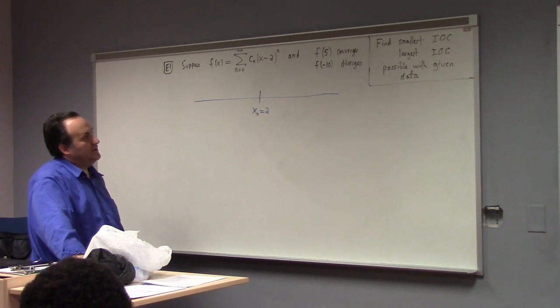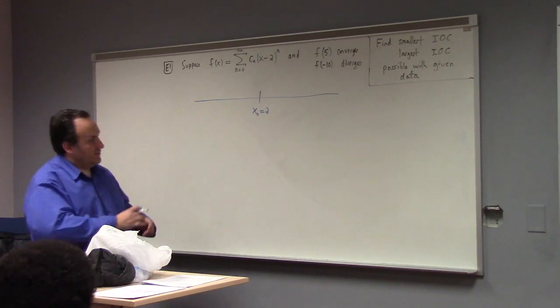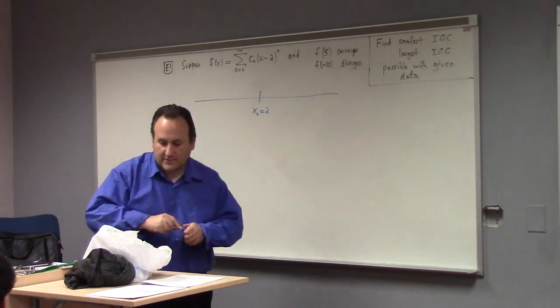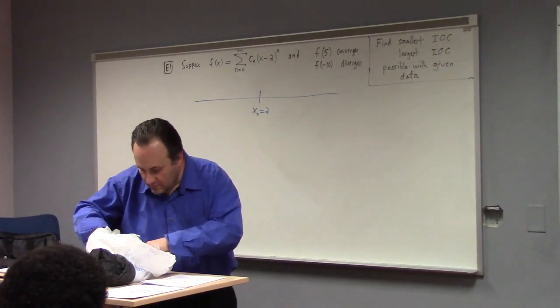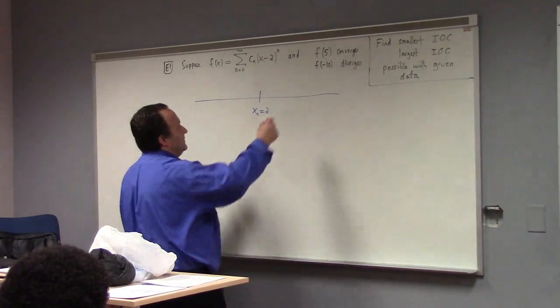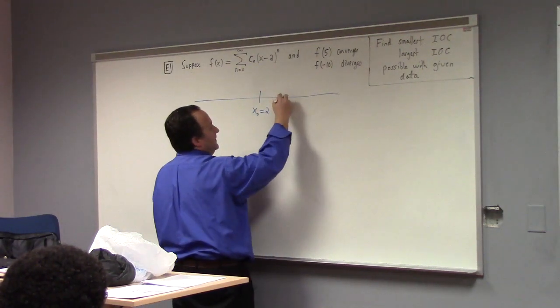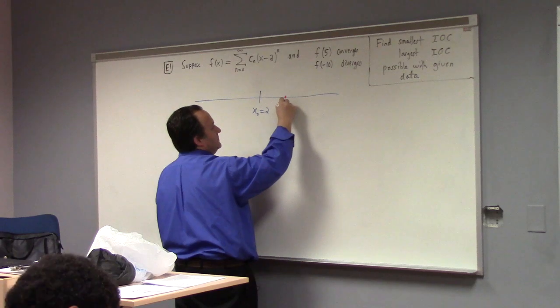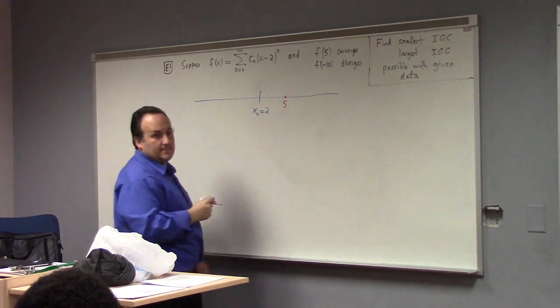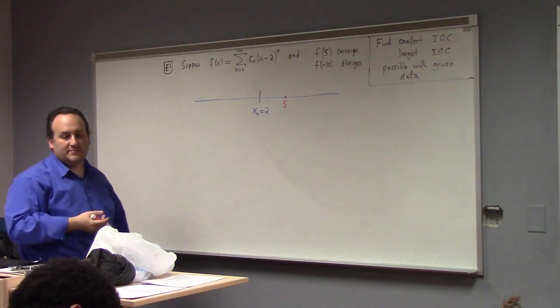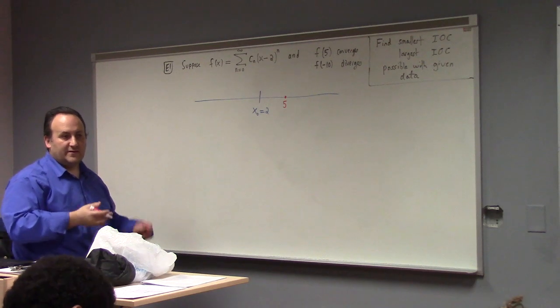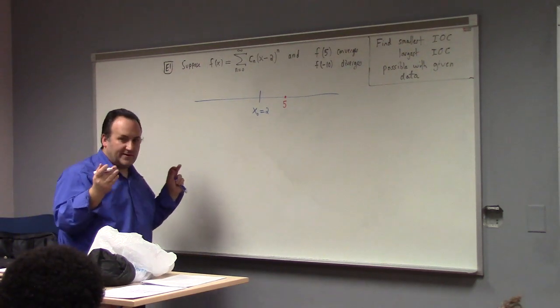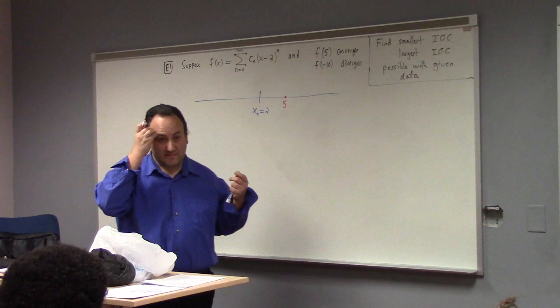Okay, and then what I do is I go, okay, so what do I have? Well, I've got 5 is a place where it converges, right? So that's here. What does that mean? Think about this. The possible domains are what? They're connected subsets of real numbers, right?